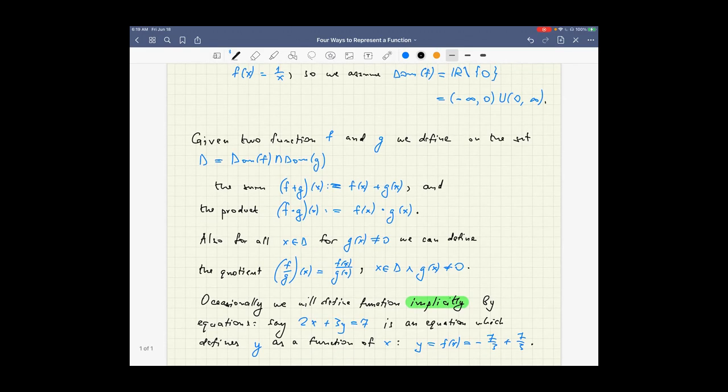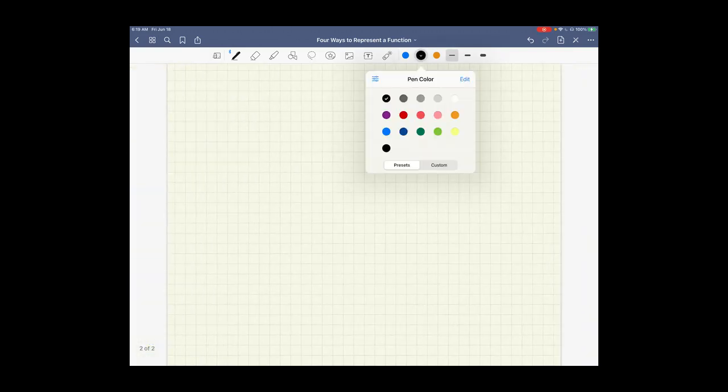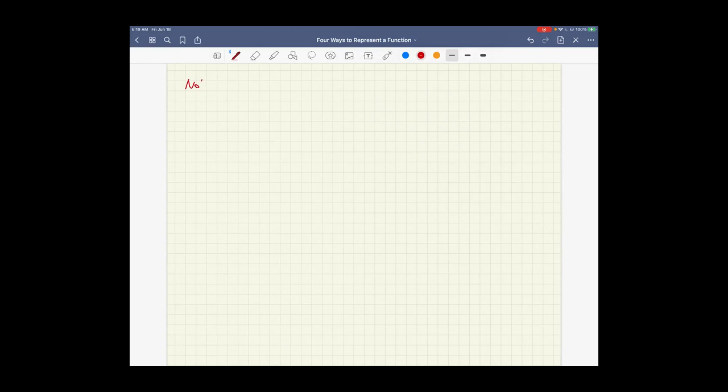The thing to keep in mind here is that not every equation like this defines a function y of x. Not every equation involving x and y defines a function y of x. And let me write this down and let me give you an example.